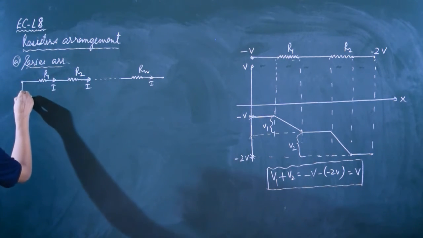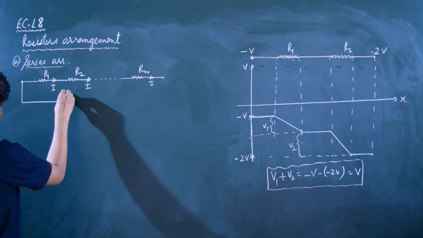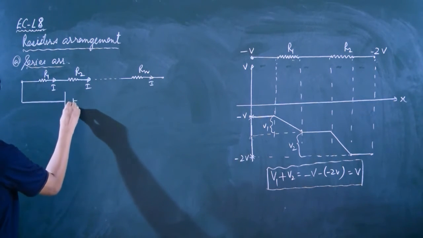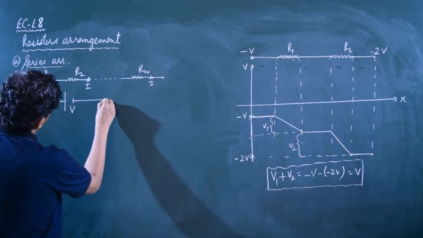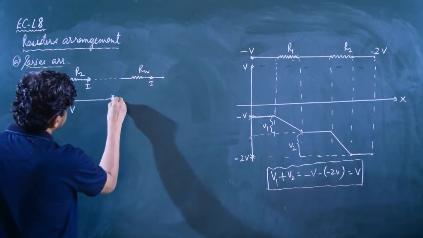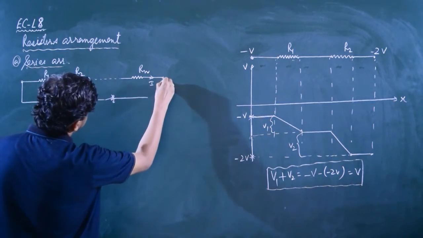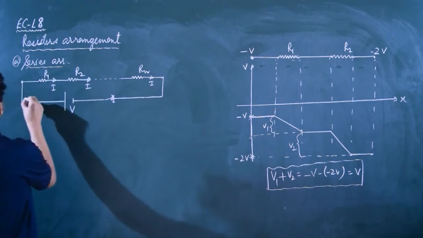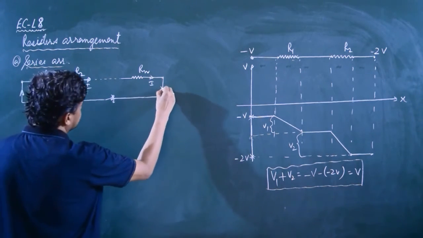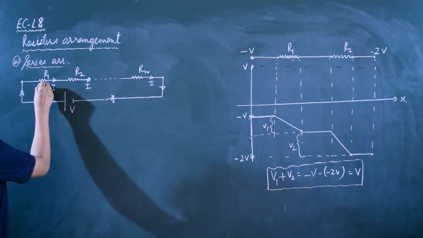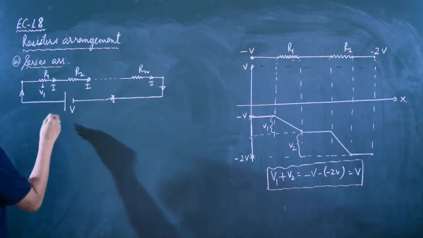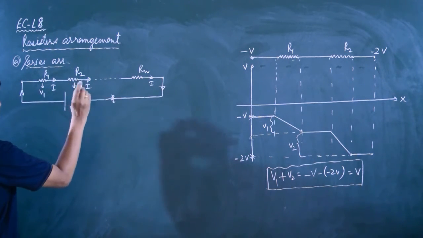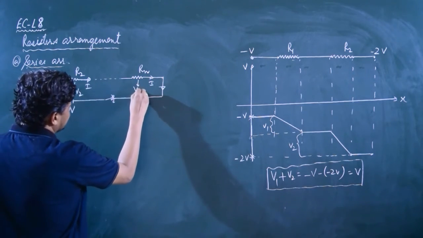Here the arrangement is suppose connected with the source of potential V and the circuit is closed. Now current coming into the circuit is going out of the circuit. Here the potential drop is suppose V1, here the potential drop is V2 and across the nth resistor the potential drop is Vn.